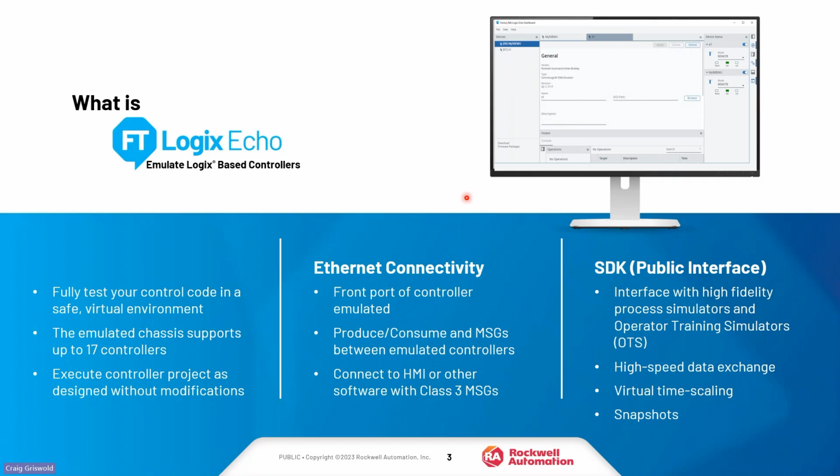So the Ethernet port is emulated. I can also do produce consume between those emulated controllers, so that'd be a class 1 connection. As I said, there are no class 1 connections to physical I/O. This is to emulate the code only. If you want to do some simulation or process modeling, the SDK kit will allow you to interface with simulators like Emulate3D, ANSYS, MATLAB, and things like that.